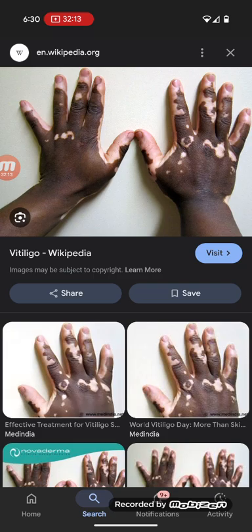Let's see if we can get a look at that. So we can see that's just patches of skin, or in Michael Jackson's case, it turned him white all over. All right.